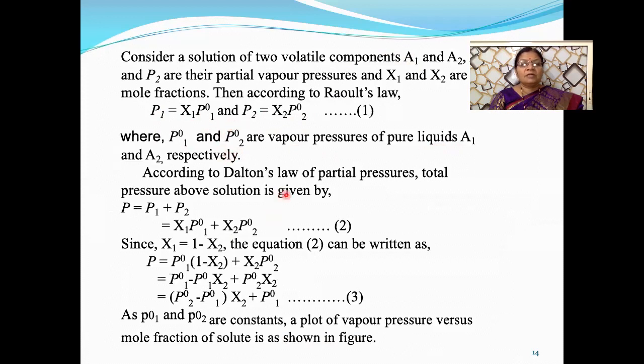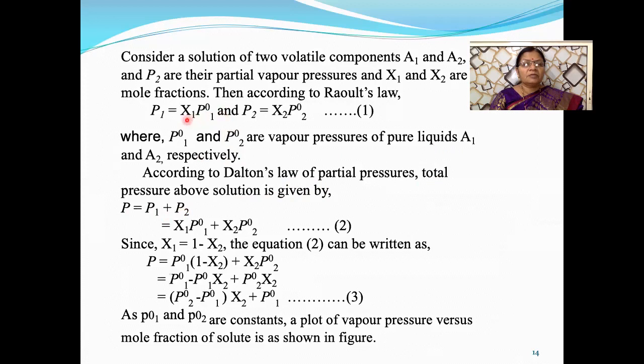Now, according to Dalton's law of partial pressures, the total vapor pressure above the solution is given by the sum of partial vapor pressures of the two components. Therefore the total pressure P is equal to the sum of the partial vapor pressures of both components, that is P1 plus P2.